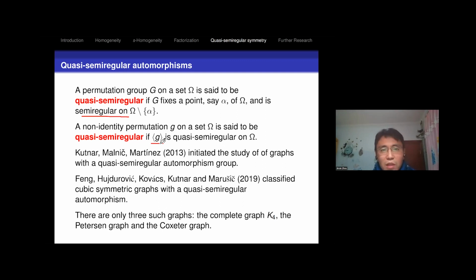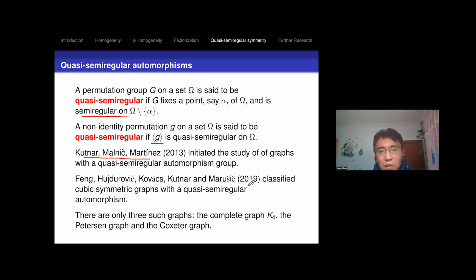In some sense, a Cauchy semi-regular permutation is a generalization of semi-regular permutations. In 2013, these 3 persons initiated the study of graphs with a Cauchy semi-regular automorphism. They gave some conjectures and characterizations.